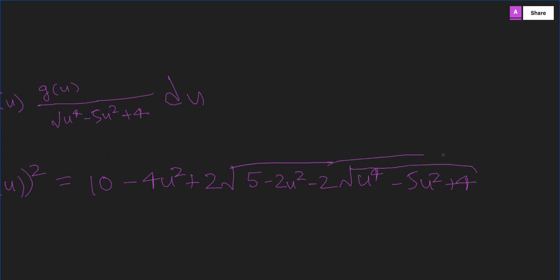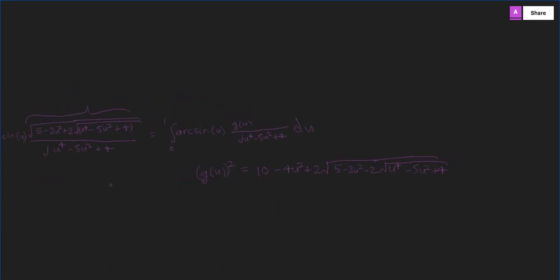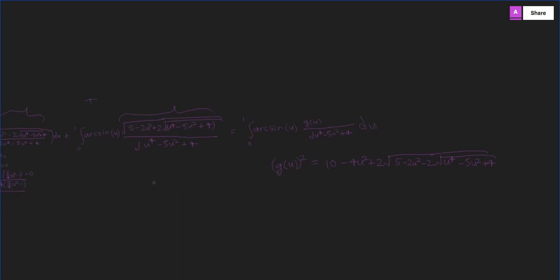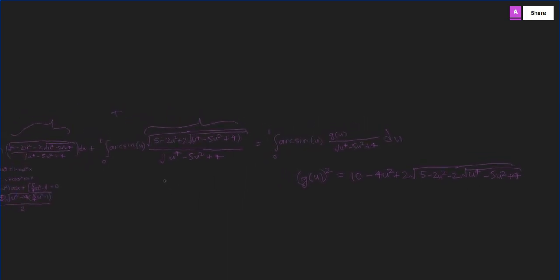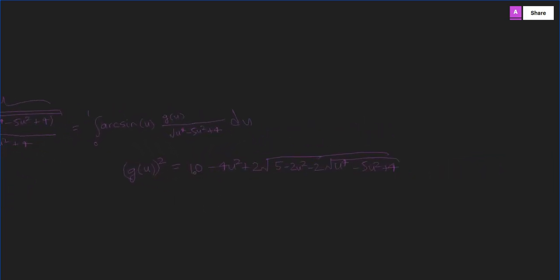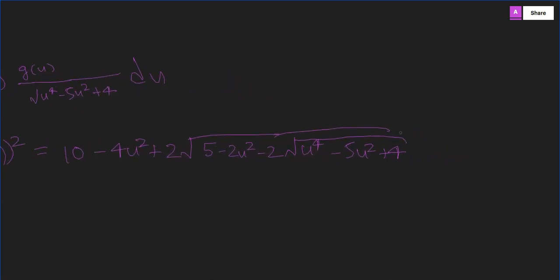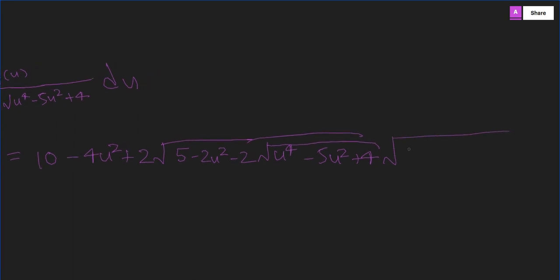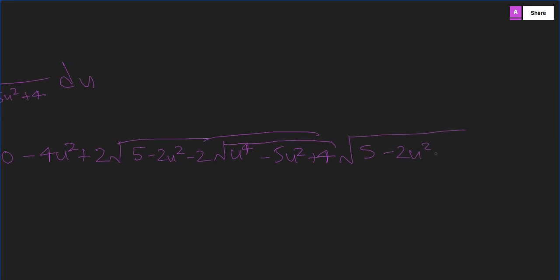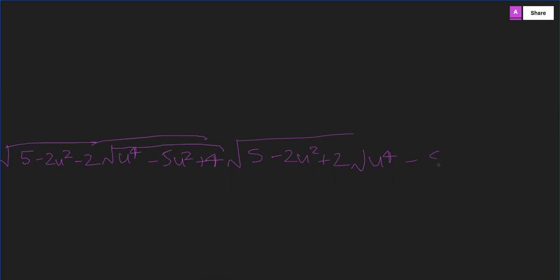And all I've done here is I've taken the sum of these two and squared it to get rid of the first radical. So after you square it, you get 2ab, right, because you're squaring it. Again, the other part of the radical with the plus instead of the minus, plus 2 root u to the power 4 minus 5u squared plus 4.